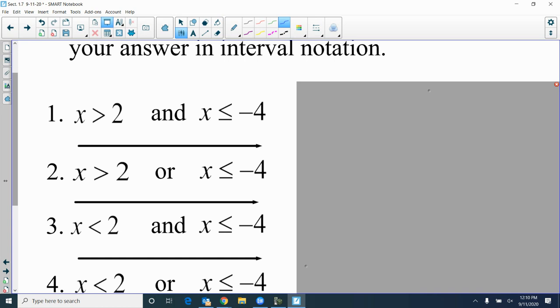All right, what I want you to do, there's this first 6 at the top. I just want you to do those on your own. There's a number line underneath there. If you want to use that as a kind of guide, but for those 6, write your answer in interval notation. So this is all the possible combinations that can happen. I just want to make sure we're okay with how to write the answers and how to interpret those.